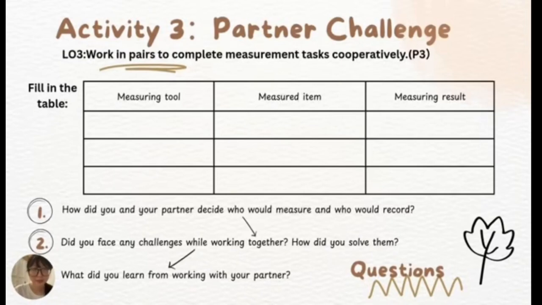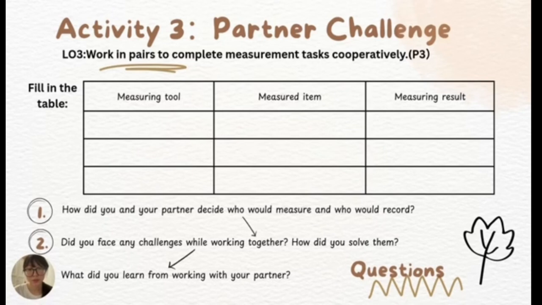Hello, today I will talk about Activity 3, the Partner Challenge. I'm Liu Xiaojing. The corresponding learning outcome is number 3: work in pairs to complete measurement tasks cooperatively. So students can cooperate with their peers to complete the measurement task. In this activity, students work in pairs and use non-standard measuring tools, such as building blocks or paper clips, to measure 3 to 5 items in the classroom.